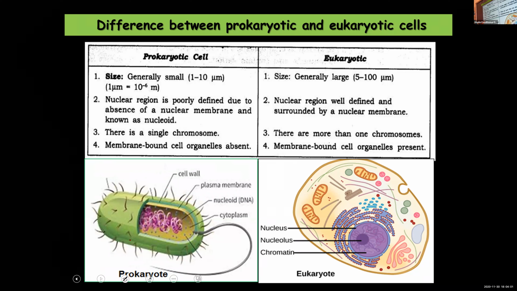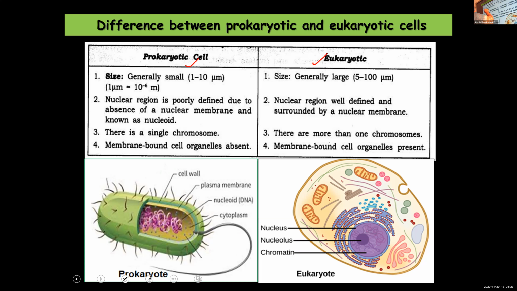Prokaryotic cells are the cells of bacteria and blue-green algae. Such simple organisms are made up of prokaryotic cells, whereas all plants and animals, all the higher organisms, are made up of eukaryotic cells.